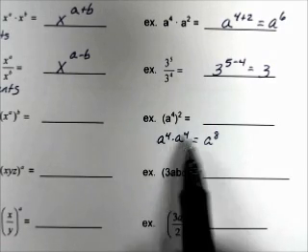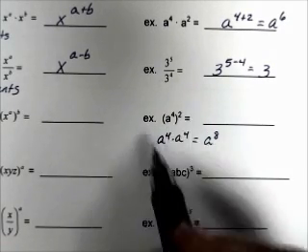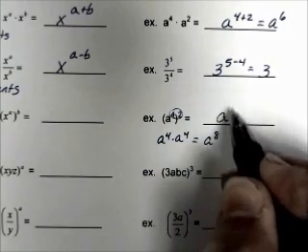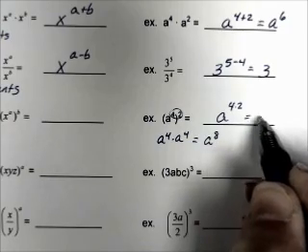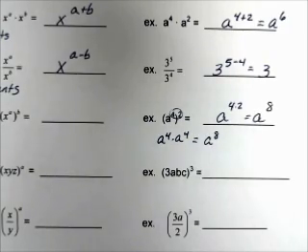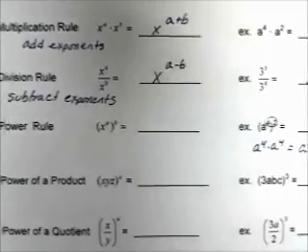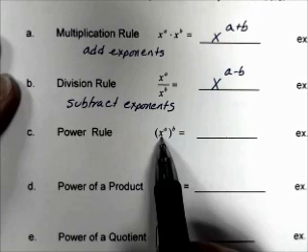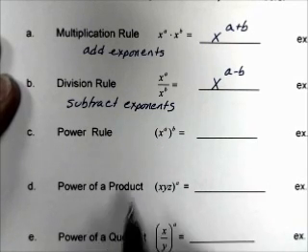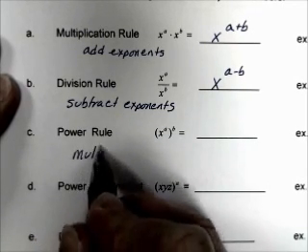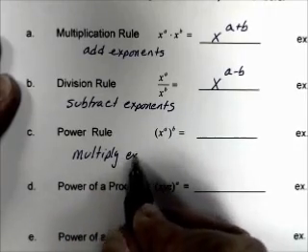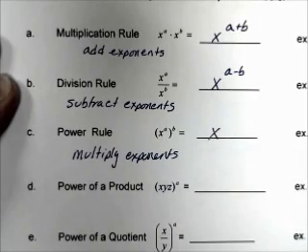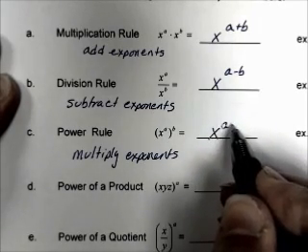To avoid doing that, when you have a power raised to a power, you multiply those exponents. So this would be a to the 4 times 2, or simply a to the eighth. So our power rule, right? When you have a power raised to a power, the rule is to multiply the exponents. So that's going to be x to the a raised to the b is x to the a times b.